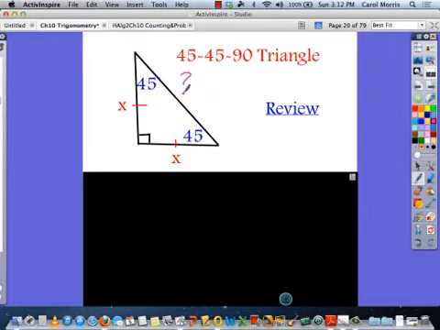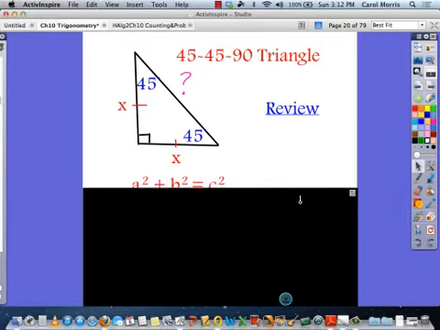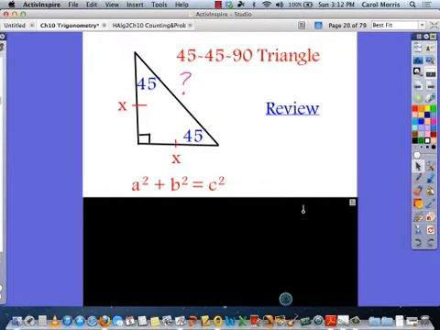And so you said, well, wait a minute, that's Pythagorean theorem because it's a right triangle. A squared plus b squared equals c squared. So see if this brings back some memories, and if not, jot it down in your notes. A squared, b squared, c squared, the two short sides of a right triangle squared should be added together, and they should equal the hypotenuse squared, the longest side.